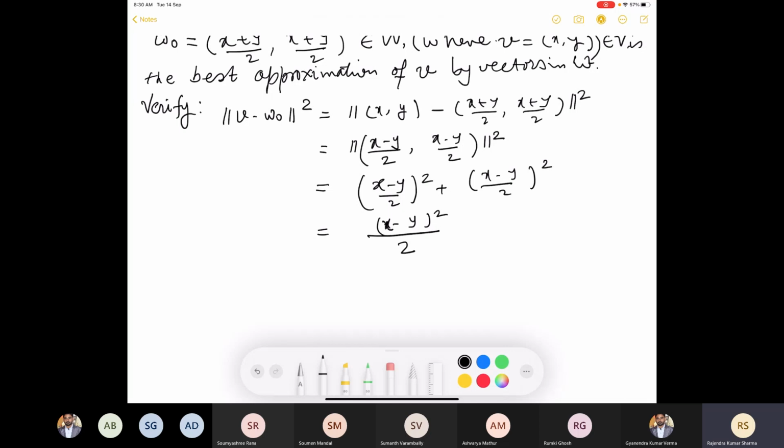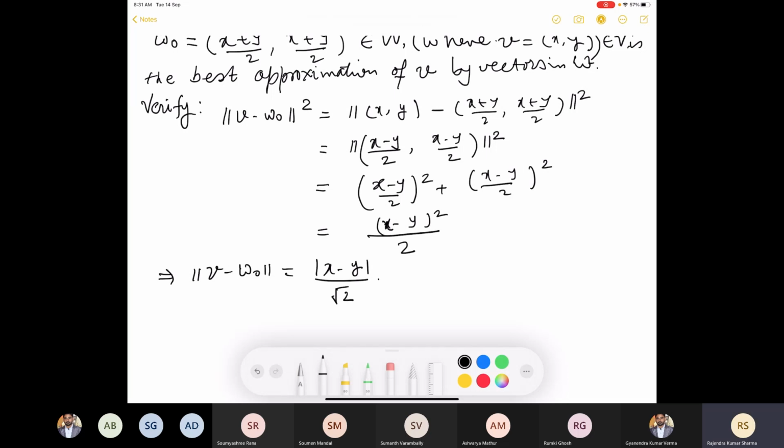So this is what it is. When you take the norm, this will be the square root. So the norm of v minus w naught will be (x minus y) by root 2.